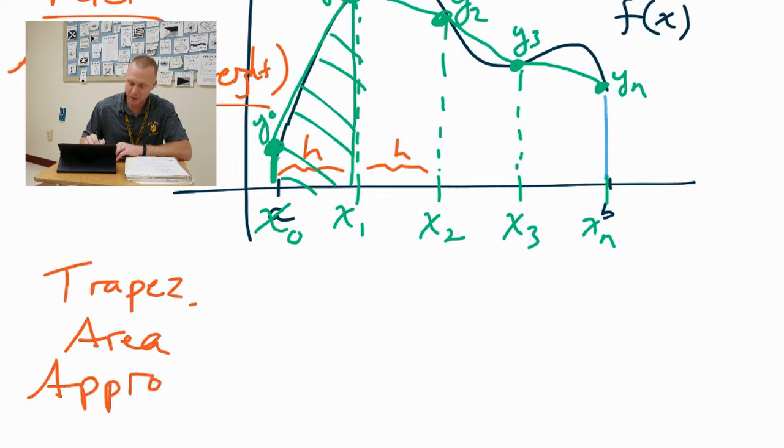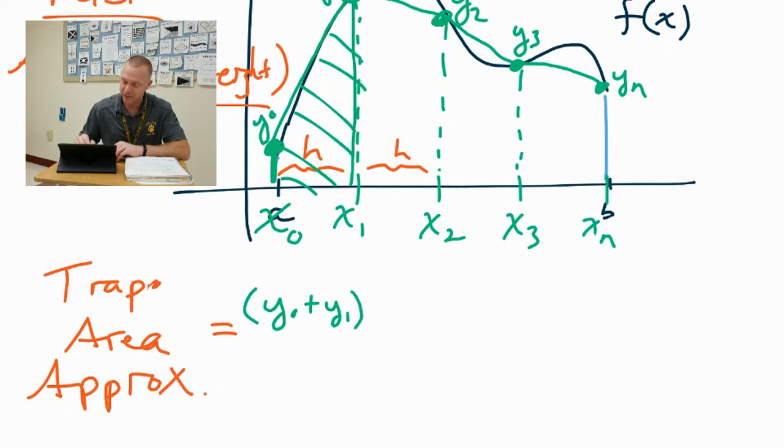I just want to make sure we realize that we're now using trapezoids to approximate that area. All right, so ready to go with our first trapezoid. The first base, the first y value, is y sub 0. If we add to it the next y value, it's y sub 1. So there we've got the sum of the bases times the height, and it's always divided by 2.